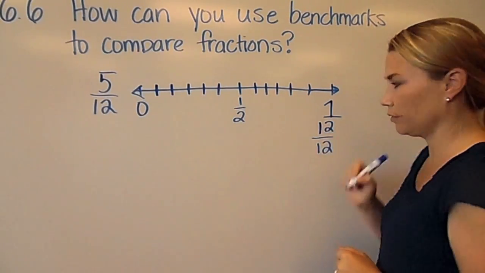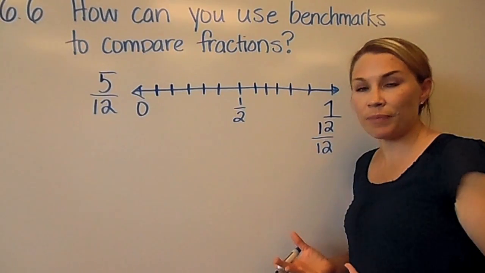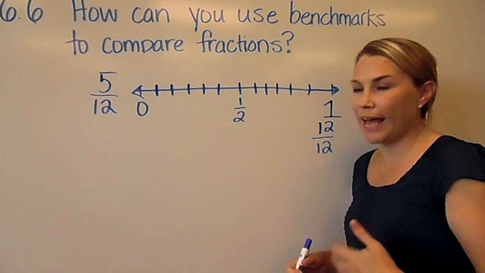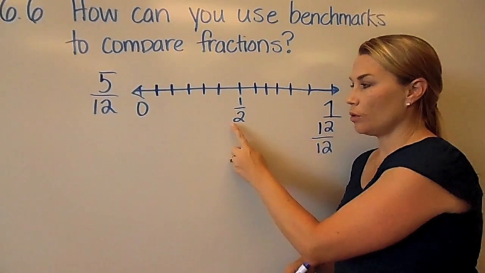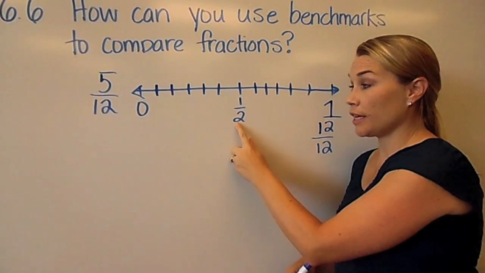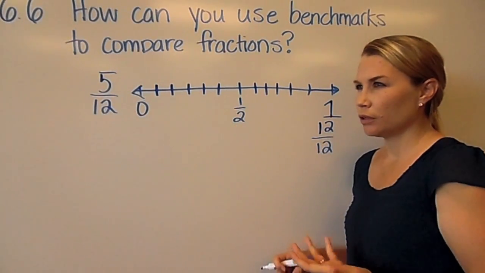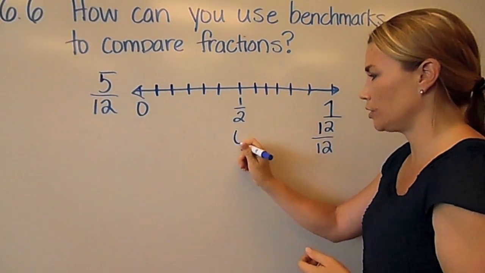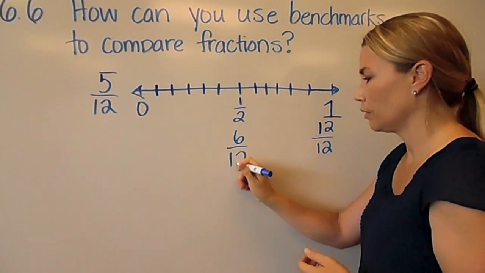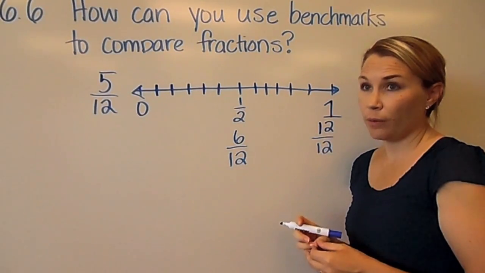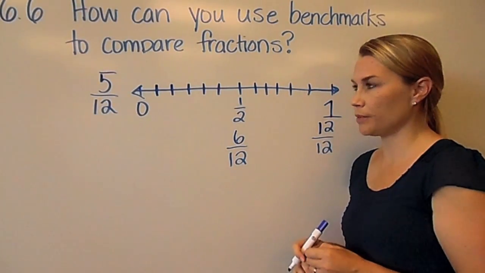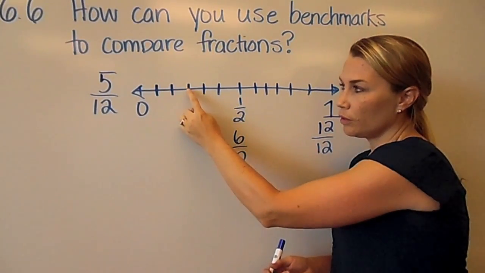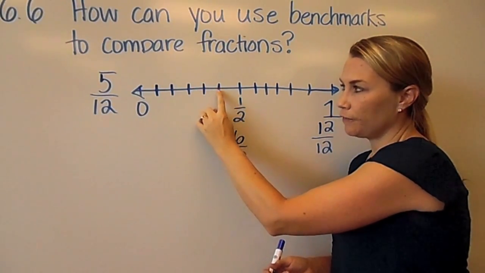If I'm thinking of halves, I'm going to think of what's half of a number. So if I'm thinking of half of 12, what would be half of 12? I'm thinking of 6/12. If I want to find where 5/12 comes on the number line, I just need to count 1, 2, 3, 4, 5.